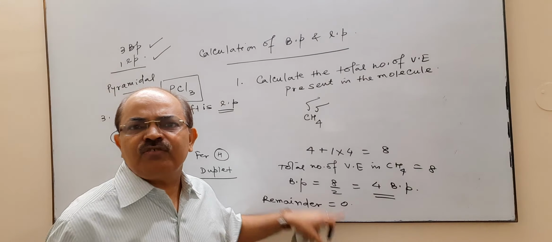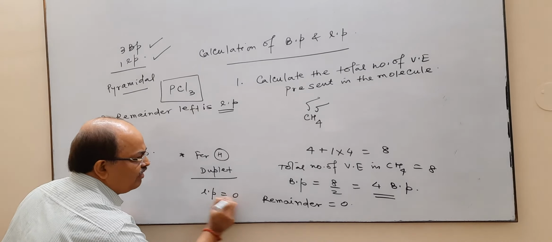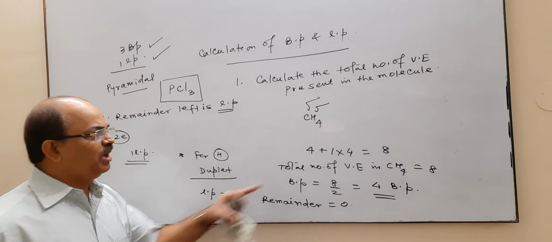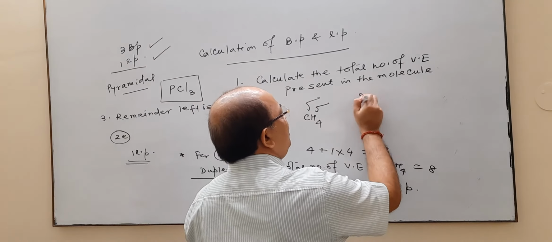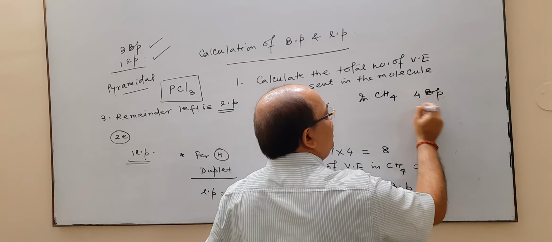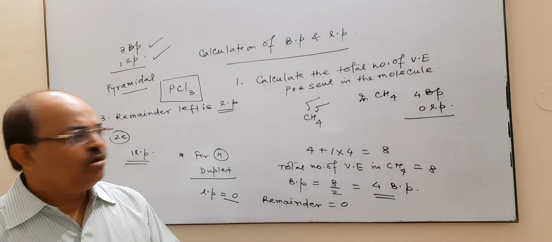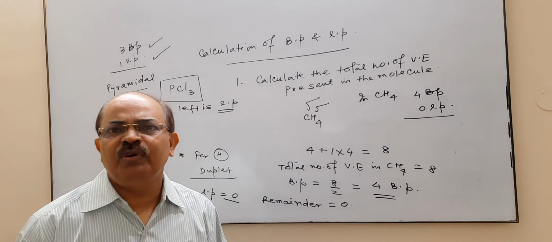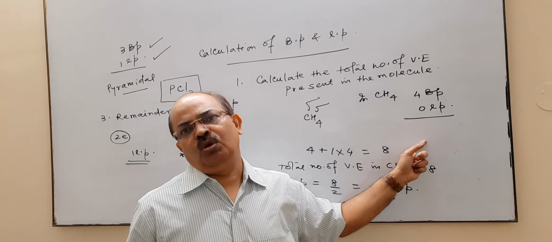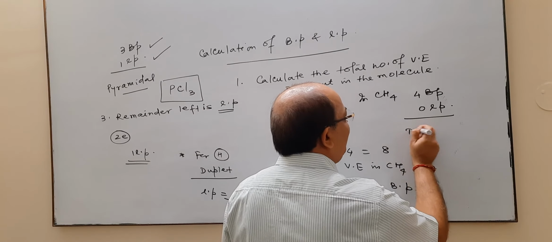Remainder 0 means lone pair 0. So in methane we have 4 bond pair and 0 lone pair. Now you know what the shape should be if we have 4 bond pair and 0 lone pair. Then the shape should be tetrahedral.